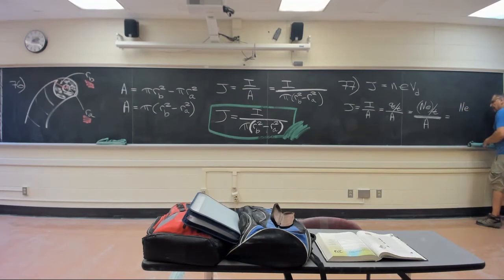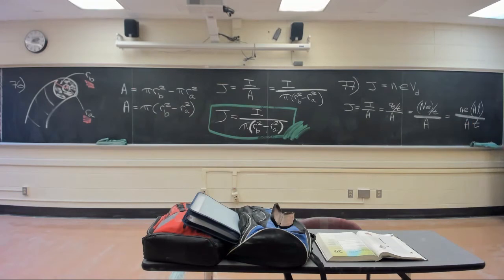This right here, which is nE, the total number of charge carriers per unit volume times E, the total charge per unit volume, times the volume it covers as it crosses a cross-sectional area A. It's going to cover this much volume in a time t, divided by t.